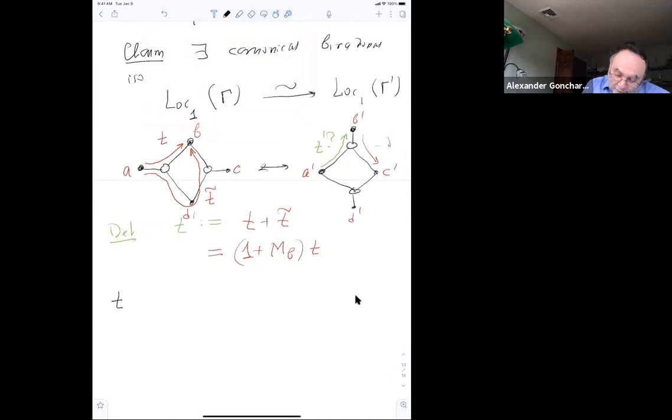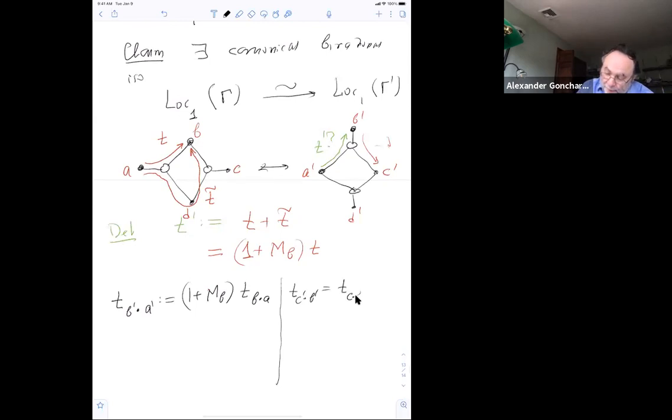If I want to consider the parallel transport from A prime through the black vertex to B prime, then I define this as 1 plus monodromy of B applied to the parallel transport from B to A. But if I want to do it from B prime to C prime, then this is T from C to B multiplied by a similar expression from the other side and inverted.